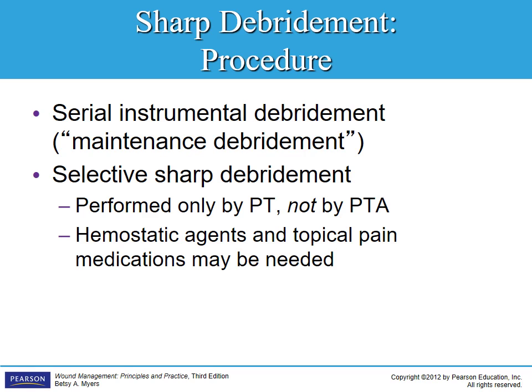Silver nitrate will also stop bleeding. Or if I've got a patient that's incredibly painful, incredibly sensitive, then I'm going to want a lidocaine gel or something I can put on that wound and let sit for about 15 or 20 minutes before I start debridement, because you do not want that patient screaming in pain while you're doing debridement.